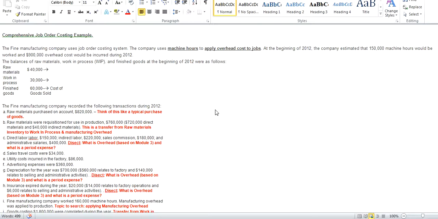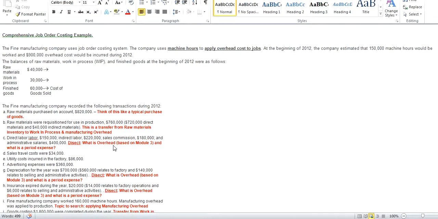Then you say, we did X amount of direct labor hours or machine hours, apply to that the rate that we estimated, and that's where we think we'll end up in terms of our total manufacturing overhead. At the end of it all, you'll do a reconciliation to see, when the actual overhead numbers come in against what you estimated, if you're over or under, and then you'll typically fix that through your cost of goods sold. So we're going to walk through this example, which explains that whole concept.